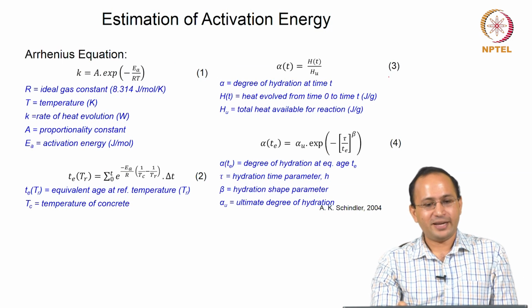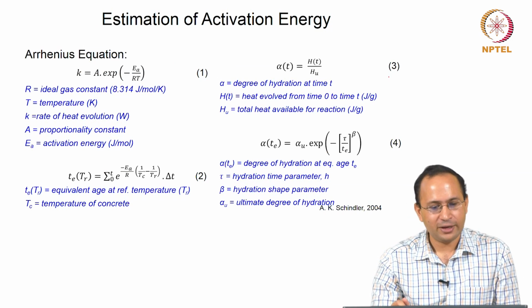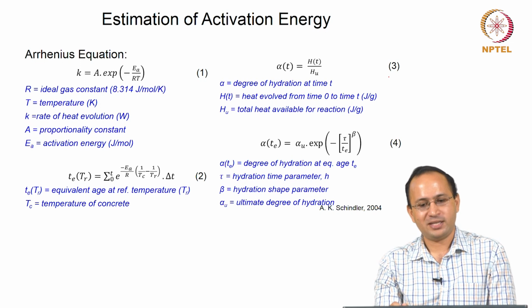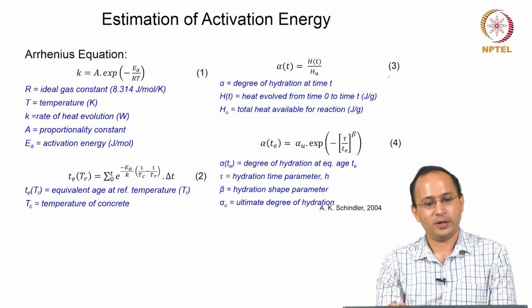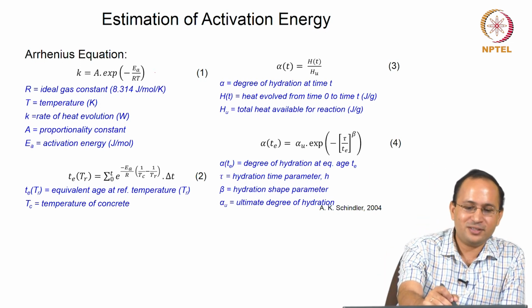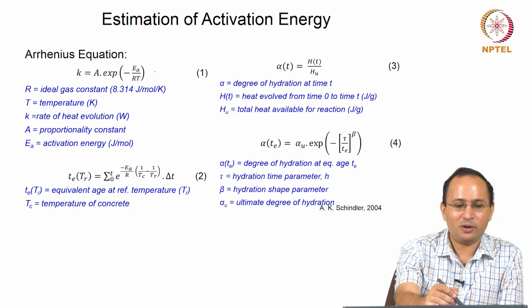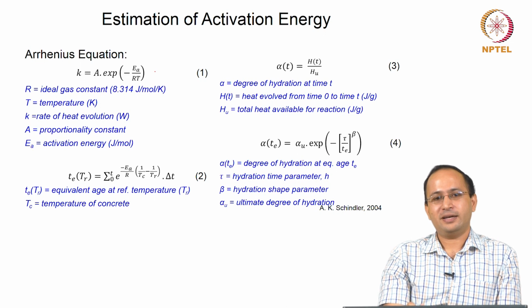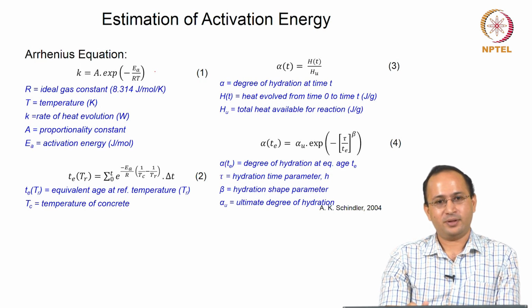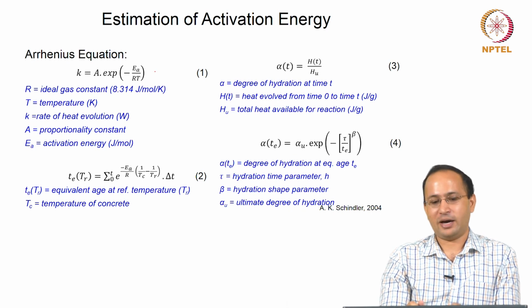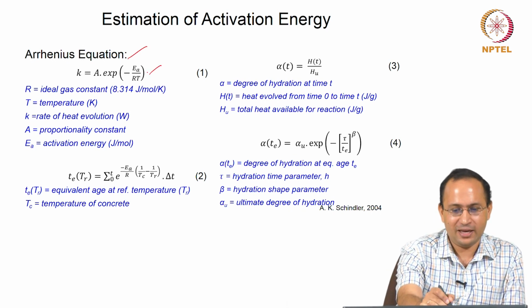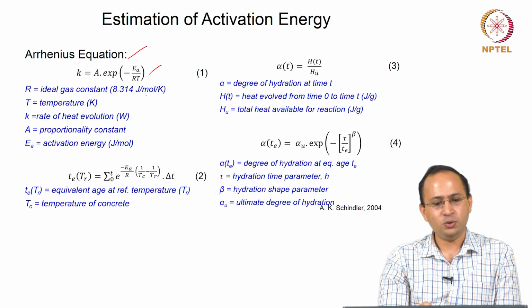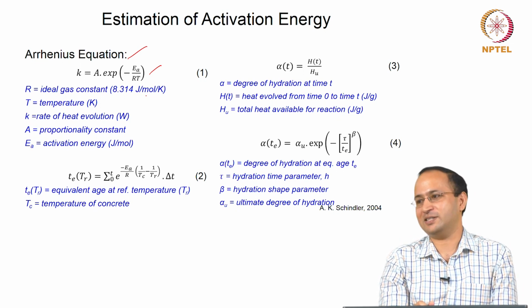Okay. Second thing, we also can use this technique to estimate activation energy, okay, activation energy. See, this small review already you are familiar with, suppose Arrhenius equation. What do we mean? See, the reaction rate is dependent on the temperature. So, Arrhenius relationship basically is used to describe this relationship.